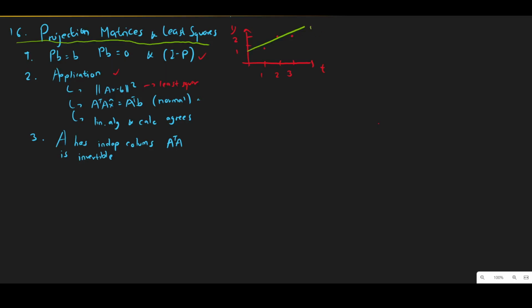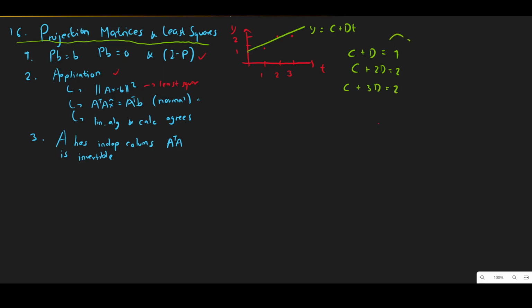And the general equation of the line is c plus dt. So c is the offset here, which can be 0 or some number, and dt is the one that corresponds to the t-axis. There are three measurements, so there are three equations. Let's create those. c plus d equals 1, the first one here, c plus 2d equals 2, and c plus 3d equals 2.